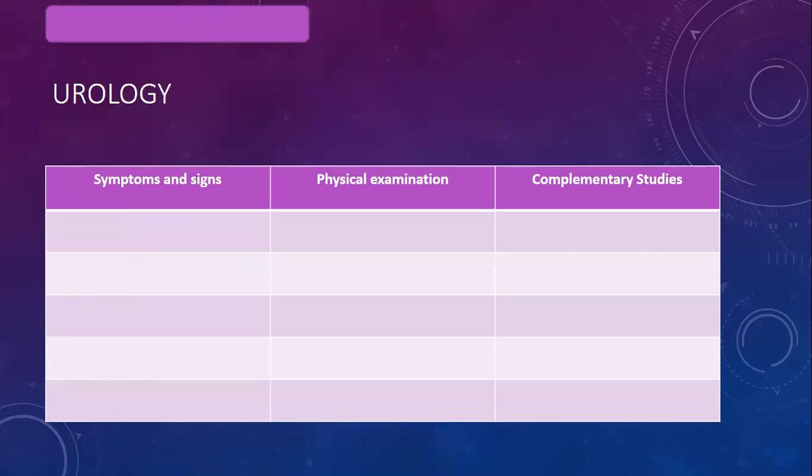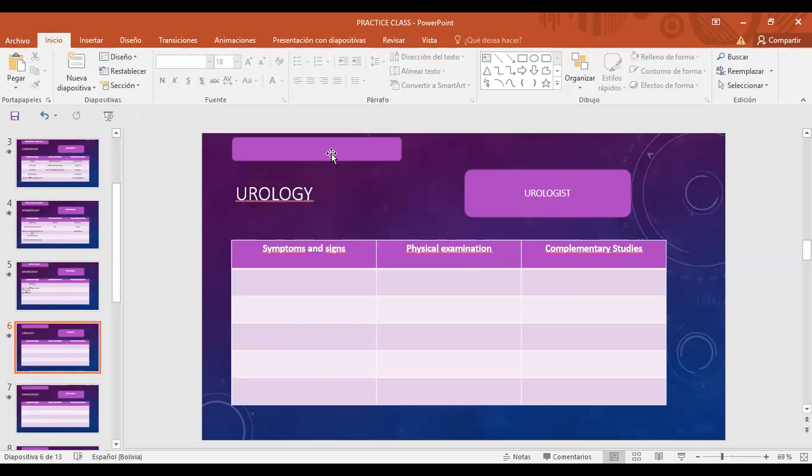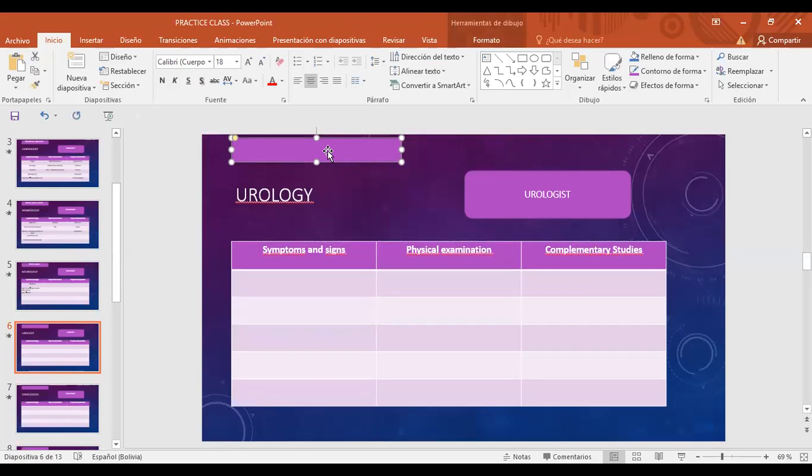You got urology, okay? So could you tell me the name of the professional related to urology? Urologist. Great, urologist. So could you tell me a little bit about what a urologist does?